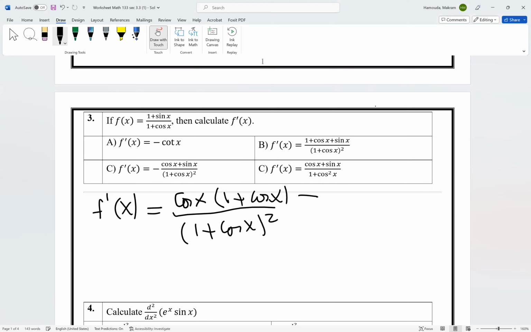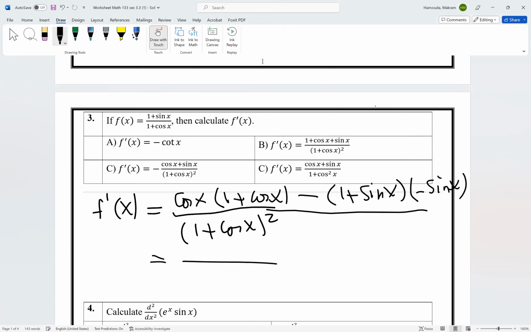And then that is minus the first one without derivative, 1 plus sine x, multiplied by the derivative of 1 plus cosine x. Derivative of 1 is 0, and derivative of cosine, that's minus sine. So you see here minus sign, and there is minus, it will be plus.